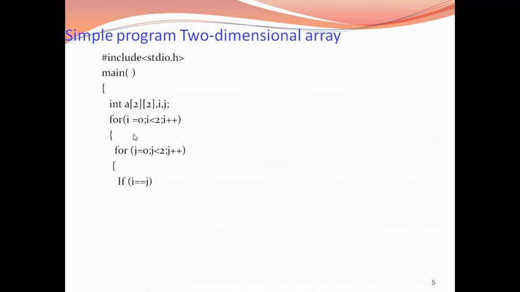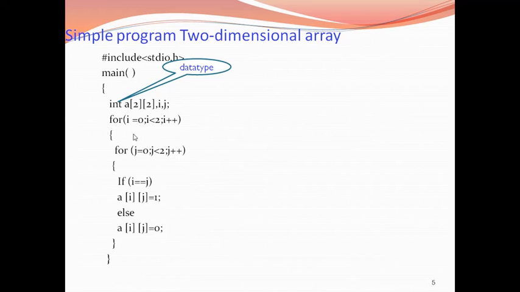Within the inner for loop, we write an if condition: if i equals j, a[i][j] is equal to 1, else a[i][j] is equal to 0. The inner for loop is closed, the outer for loop is closed.